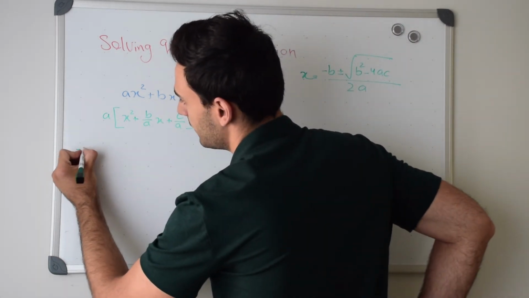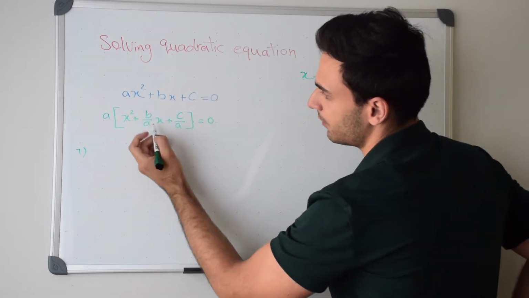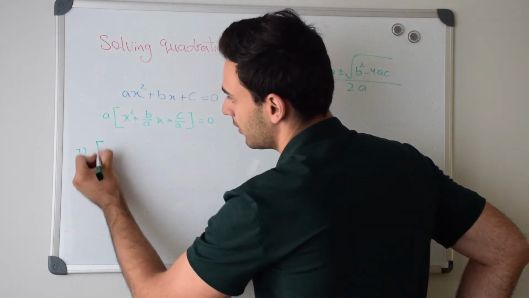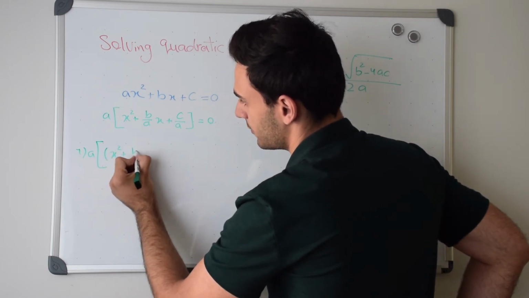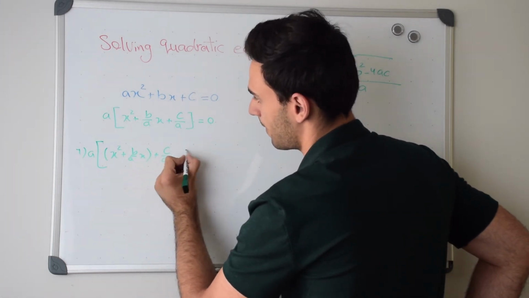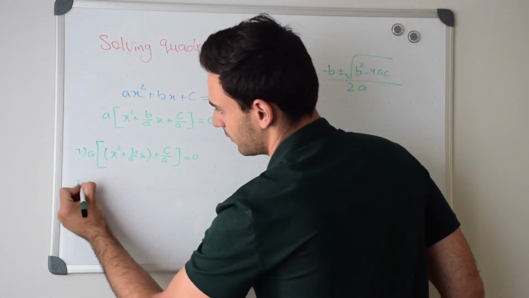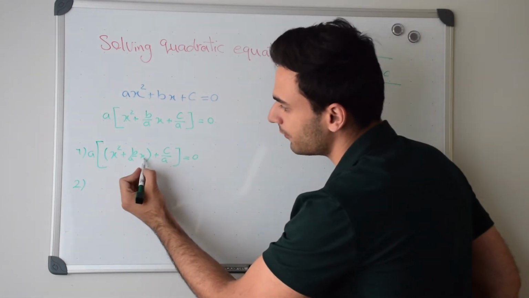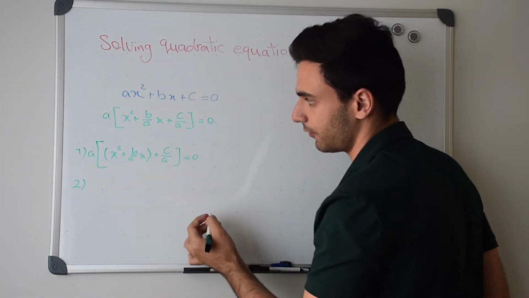So what was step number 1? Put the first two terms, x squared and x with its coefficient, into a bracket. So I will have x squared plus b over a x plus c over a equals 0. The second step, I'm going to add and subtract the square of half of the coefficient of x.